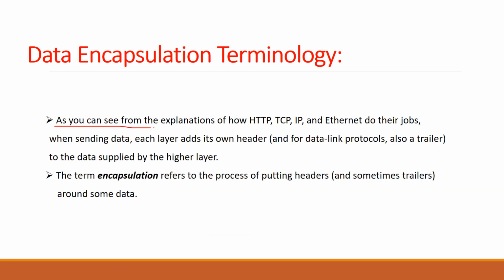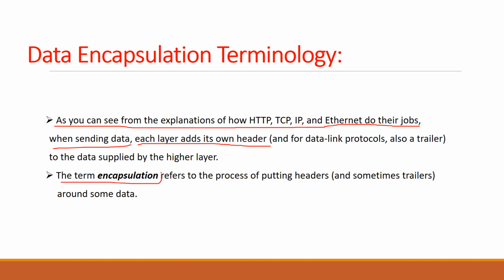As you can see, these are the explanations of how HTTP, TCP, IP, and Ethernet do their jobs when sending data. Each layer adds its own header, and some layers add a header and trailer, like the data link protocols.